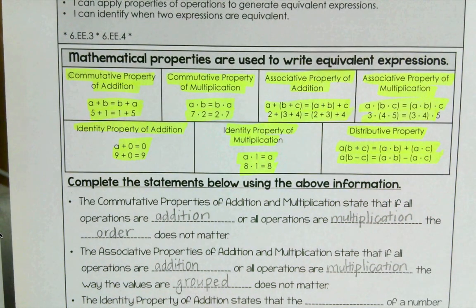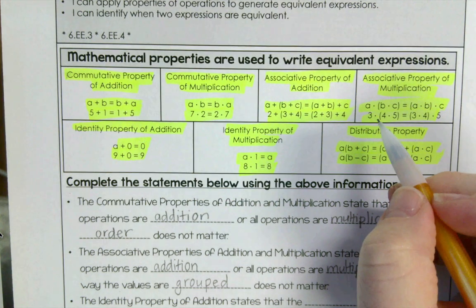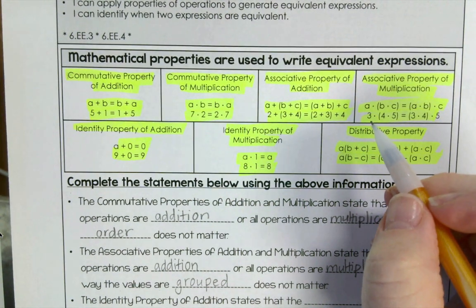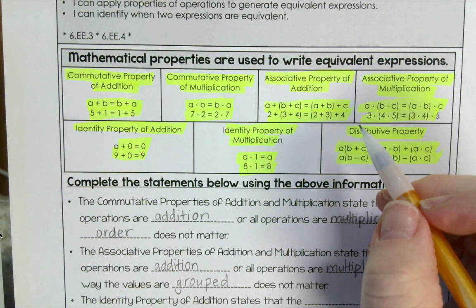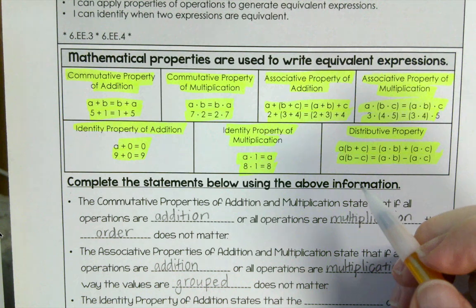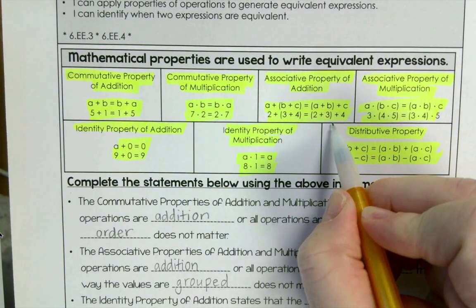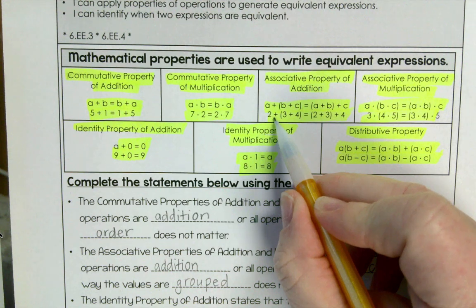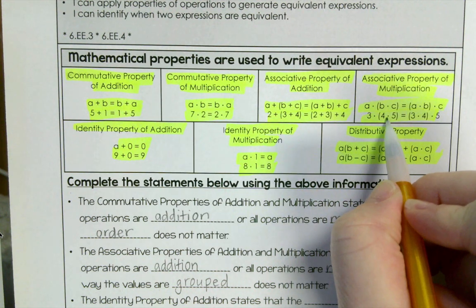Same thing with multiplication. What I like to tell kids, when you have to identify a property as associative, first of all, you see grouping symbols. It should all be addition or all be multiplication.